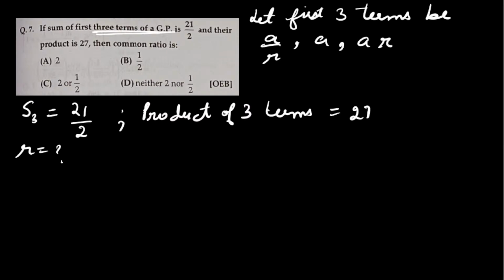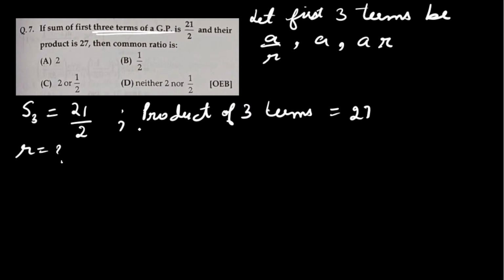At the starting, I gave you that whenever three numbers are in AP, we can assume numbers like this, and similarly for four numbers. Now this question is related to that concept. Three numbers are in GP, so I'm assuming the first number as A by R, the second as A, and the third as AR. It will be easier to do the question this way.